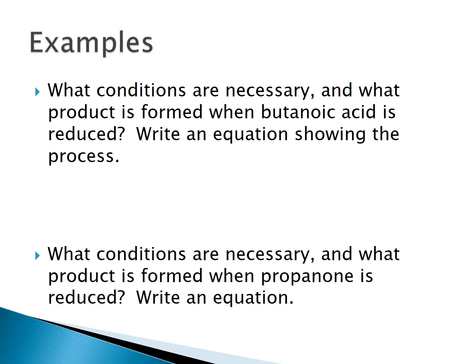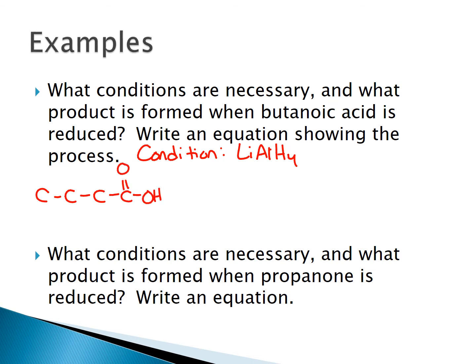What conditions are necessary and what product is formed when butanoic acid is reduced? Okay, so the condition that we have to have here, we have to use lithium aluminum hydride as the reducing agent, okay? And if we were going to show the process, we would first show our butanoic acid. And I'm not going to draw on all the hydrogens just for simplicity's sake, okay?